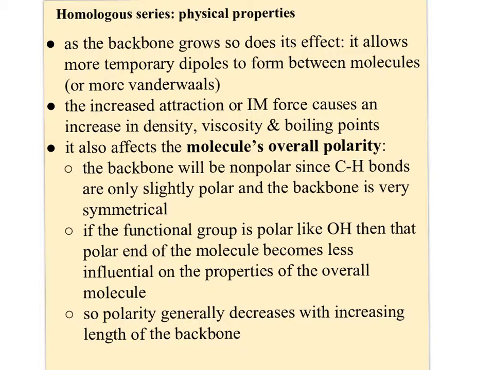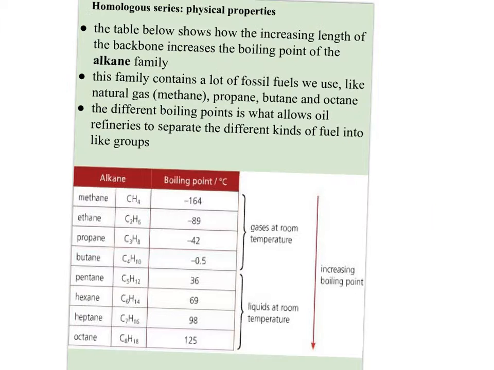So if you have a very short backbone with a polar OH, that OH has a strong effect on the molecule. But if you have a long carbon chain with just an OH end, then it's kind of more like an iceberg. The polar end is just the little bit we see, whereas there's this huge, long, nonpolar part also influencing the properties. So polarity generally decreases with the increasing length of the backbone.